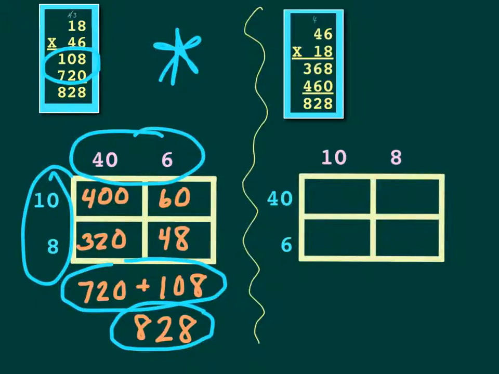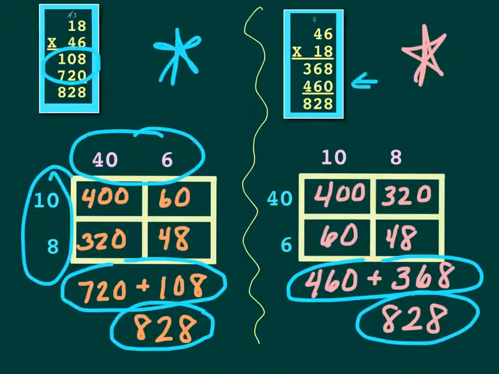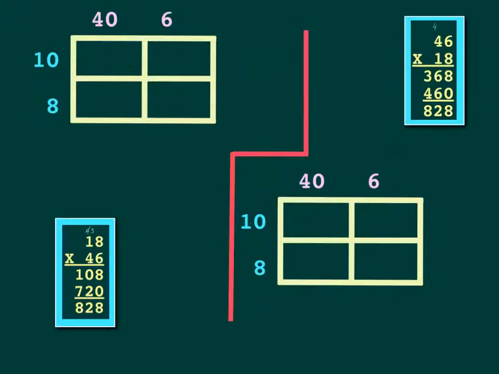Over here on the right, I'm going to do the same thing. Again, you will notice that I get the same answer of 828, but when I set it up this way, my partial products here match the two partial products in this particular problem.